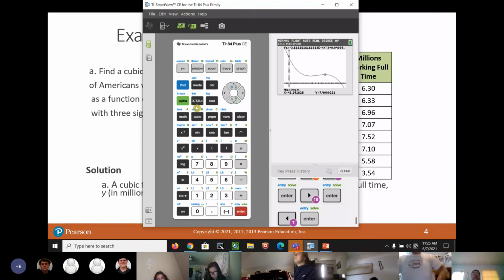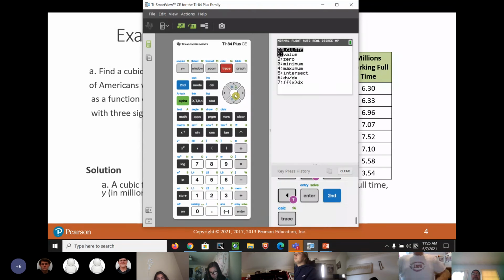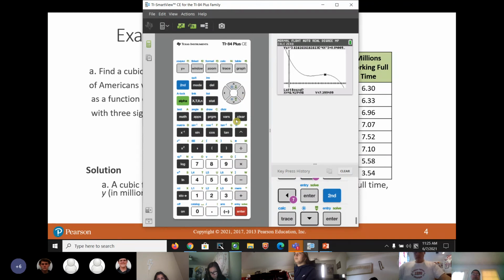And then the X-Intercept, second trace, 0. There's the left. There's the right.